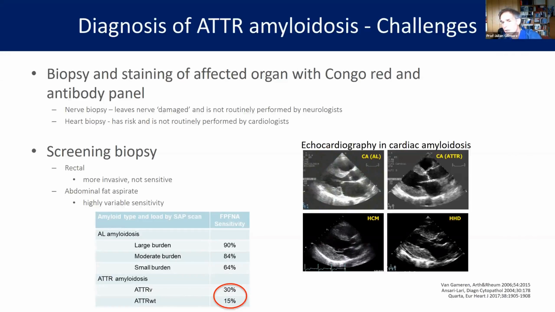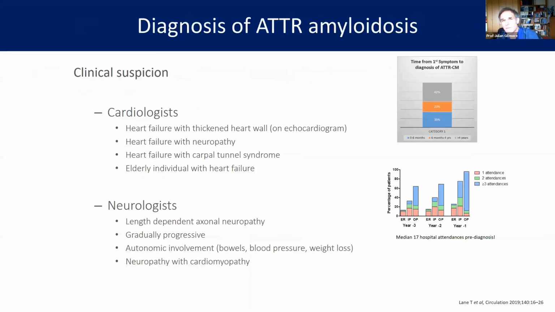And the problem with echocardiography is it's very difficult to differentiate cardiac amyloidosis from what we call hypertensive heart disease related to high blood pressure, or hypertrophic cardiomyopathy, other causes of thickened heart walls. And so very frequently, patients would get told, you have hypertensive heart disease, you've got a bit of heart disease related to your blood pressure, and off you go and get treatment by your GP type thing. And so the diagnosis was missed.